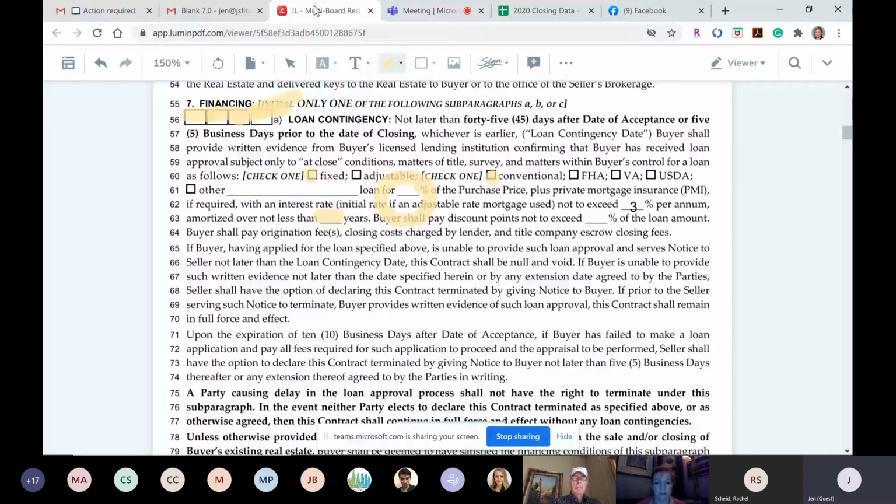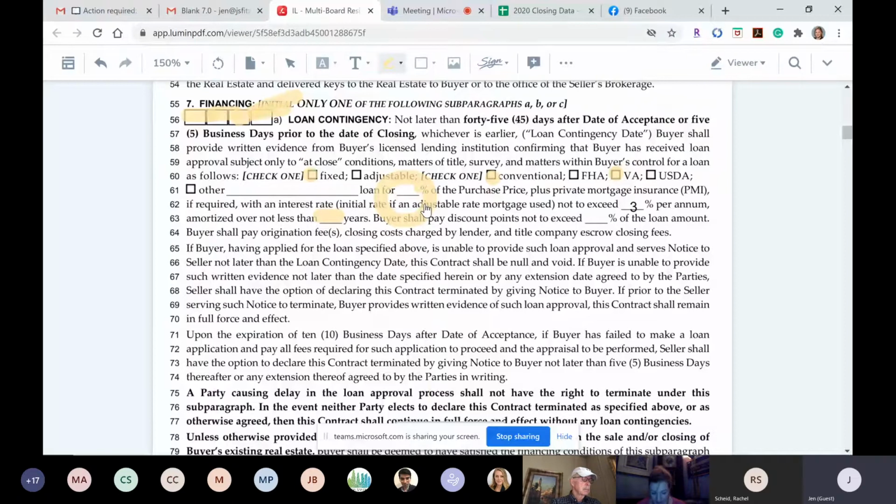Great, then go ahead and check VA. And just because they have a VA approval letter doesn't mean the building is certified for VA. And it doesn't mean that they can actually get a VA loan. So that's a great question. If they know they want to qualify for a VA loan, and let's say they can't qualify or the building itself is not VA approved, which is a thing, believe it or not, here, there has to be a clause about allowing VA loans.